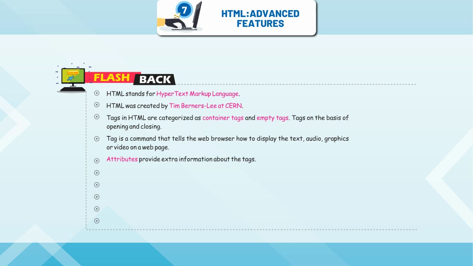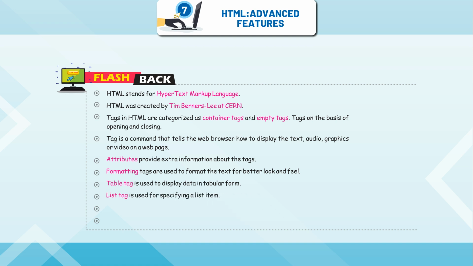Attributes provide extra information about the tags. Formatting tags are used to format the text for better look and feel. Table tag is used to display data in tabular form. List tag is used for specifying a list item. Frames help us to divide the window of the browser into multiple rectangular regions. Forms are used to input the values.